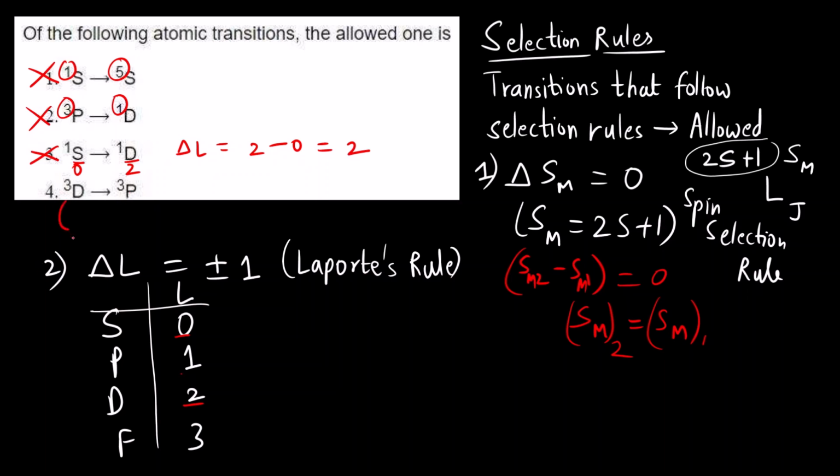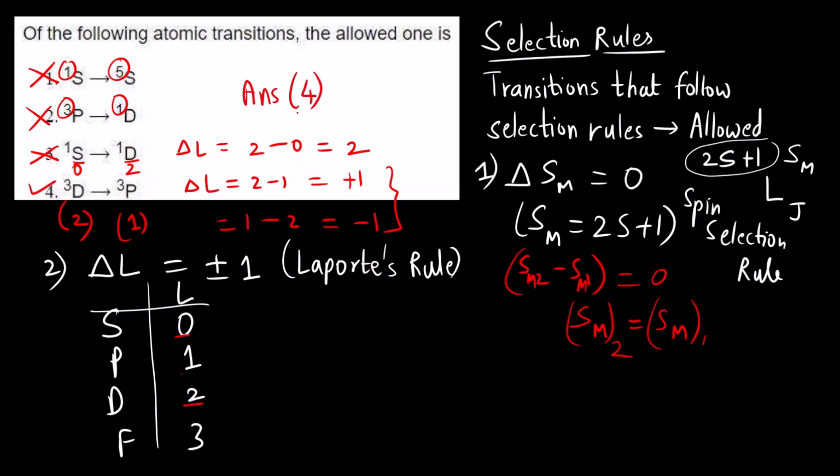D and P: for D it is 2, for P it is 1. So delta L will be 2 minus 1, that is plus 1, or in reverse 1 minus 2, that will be minus 1. So plus 1 or minus 1. So this one follows the second rule as well. So what is the correct answer? The correct answer will be option 4.